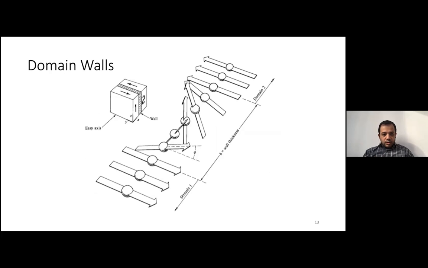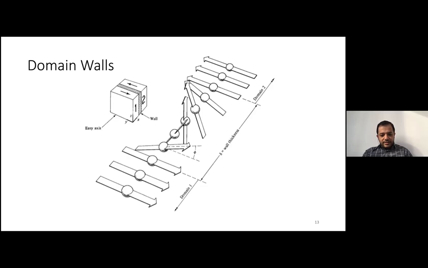So how do they arrange themselves? The boundary that separates two neighboring domains, which you'll see here, is called a domain wall. You can see that each domain contains a large number of atomic magnetic moments, which are created by macroscopic current related to the spin of electrons, as we discussed earlier.